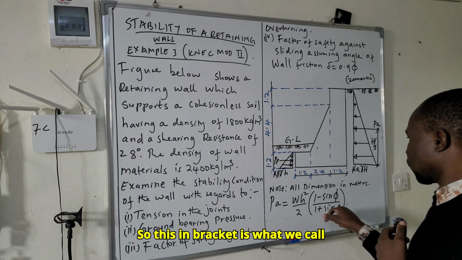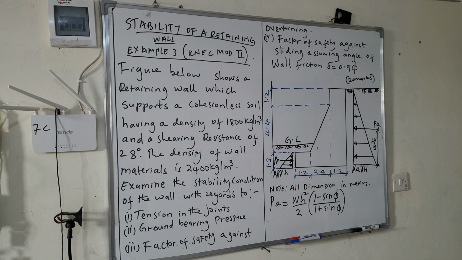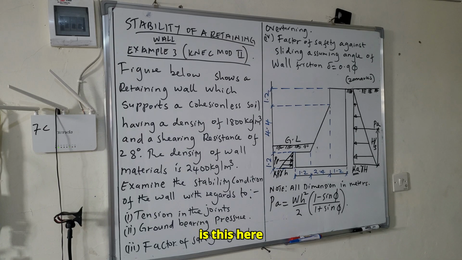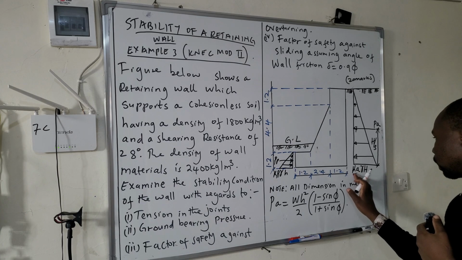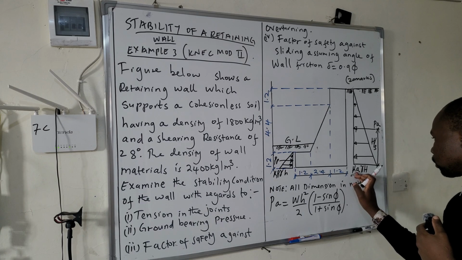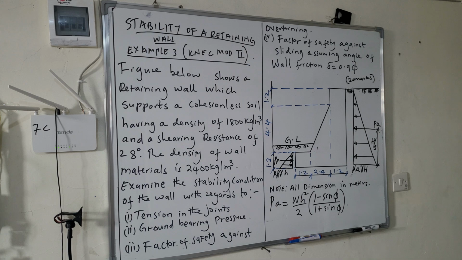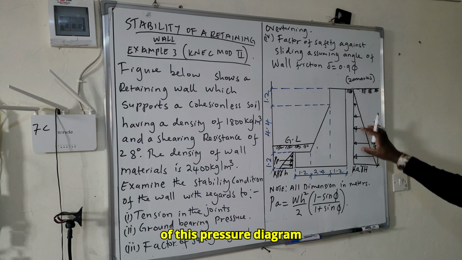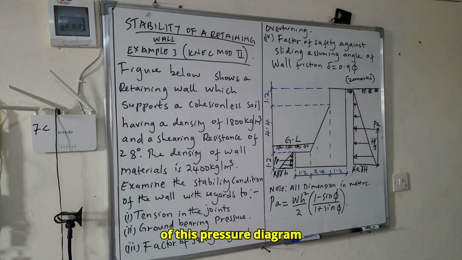This in bracket is what we call the Rankine's coefficient of active pressure, this Ka. In simple terms, the active pressure will be the area of this pressure diagram, which is a half base times height.